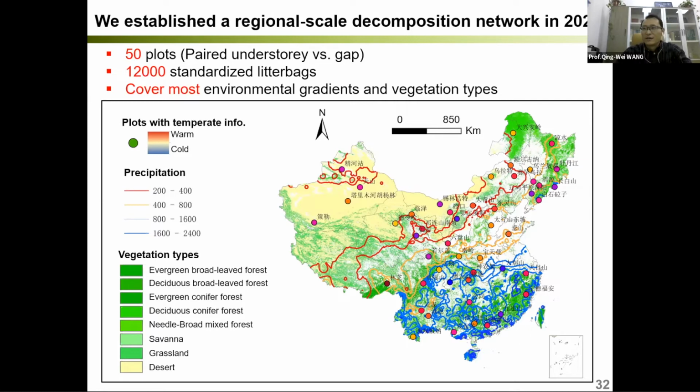So at this moment, this network does not belong to any national or international network. If it's possible, I'm really happy to join ILTER or some other network, to find a more general understanding of photodegradation in different ecosystems.